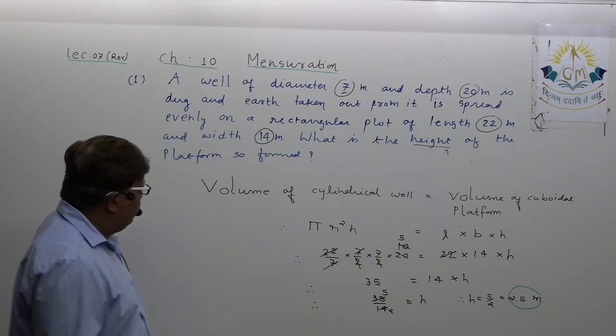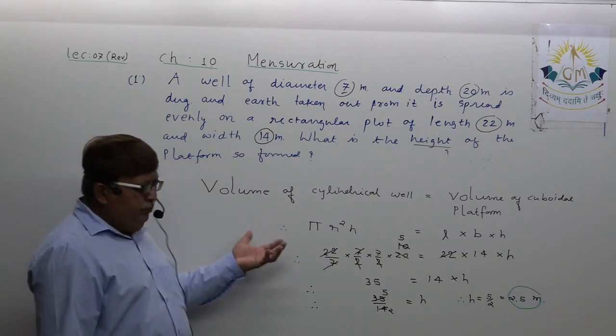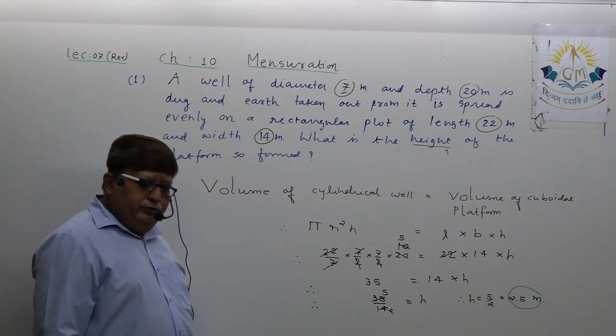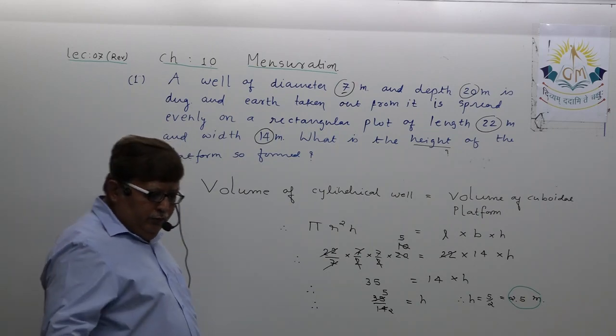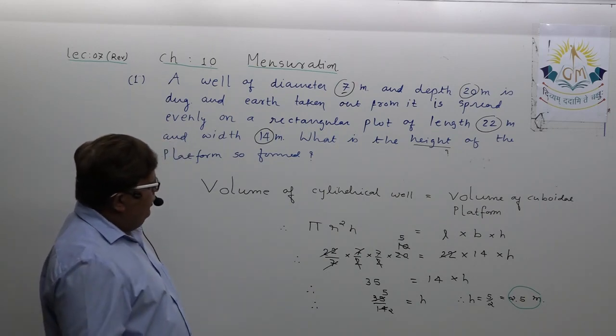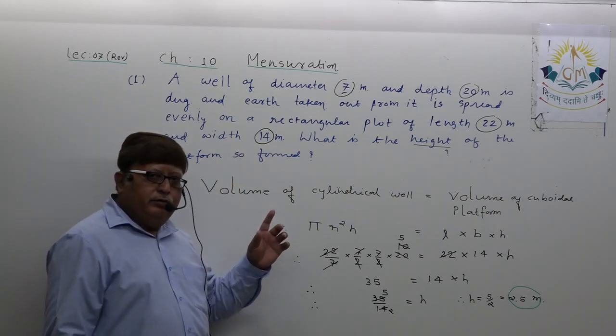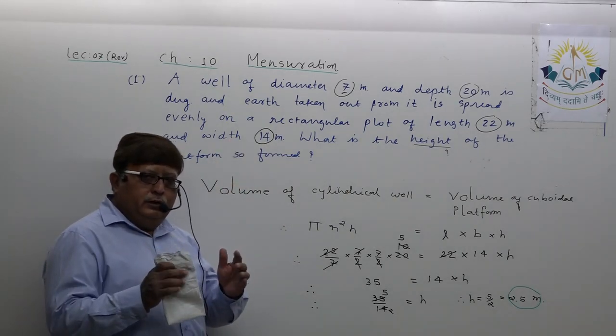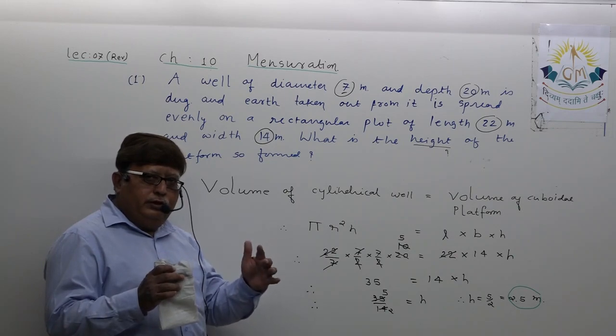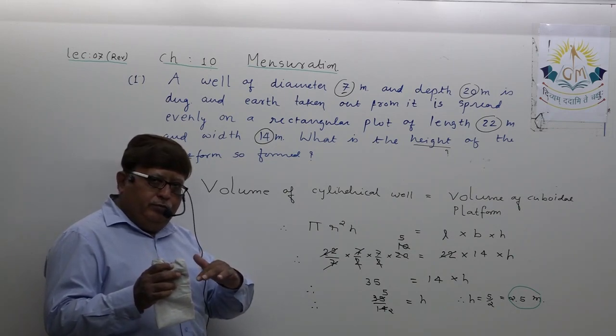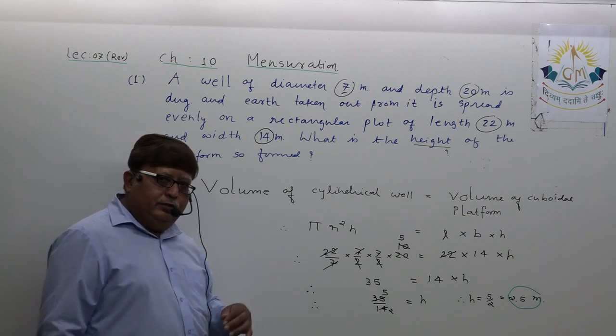Simple comparison of two volumes. Is it clear in your mind? Whenever I give any example, you just have to check which two solids are reshaped from one to another.